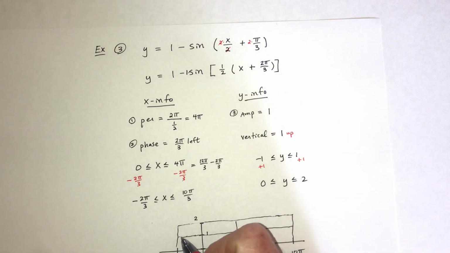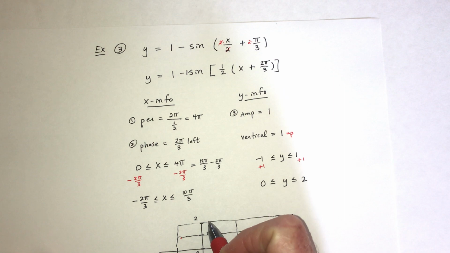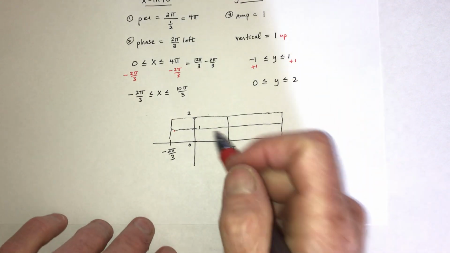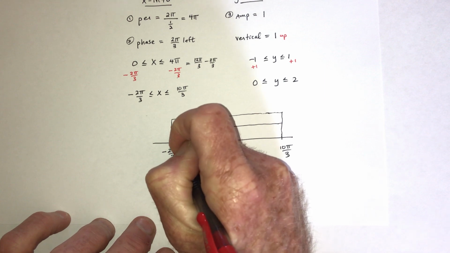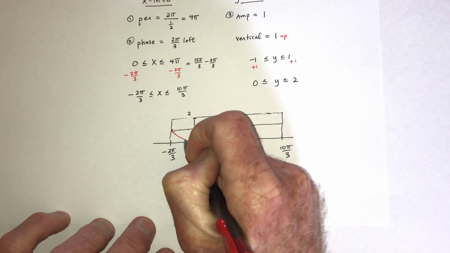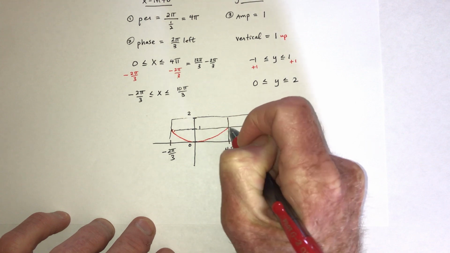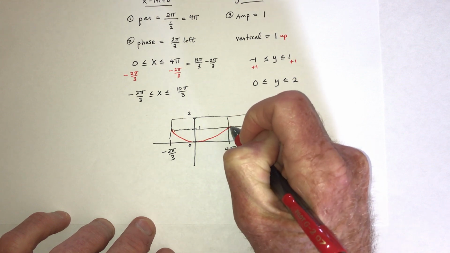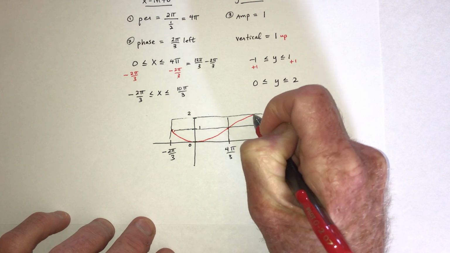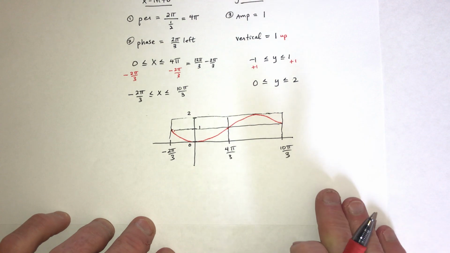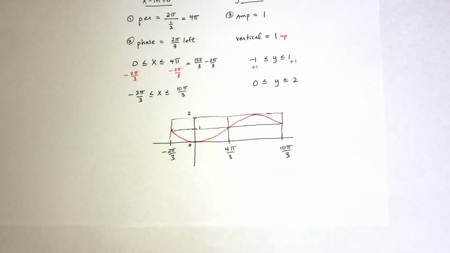And sine usually starts in the middle and then goes up. But because of the negative, that's going to invert it. So that means it's going to start in the middle and then go down first. And then by the time it gets to the middle of the box, it hits right in the center. Then it goes up to a height of 2, and then it goes back to the middle of the box. And that should be it.